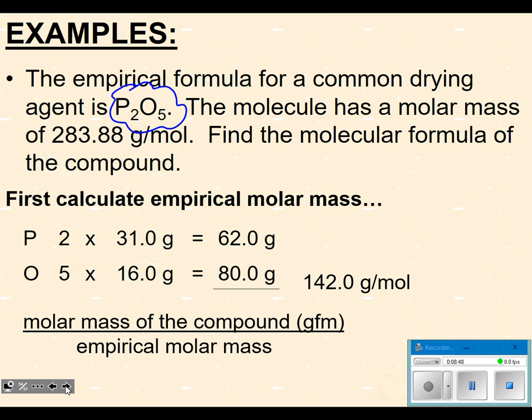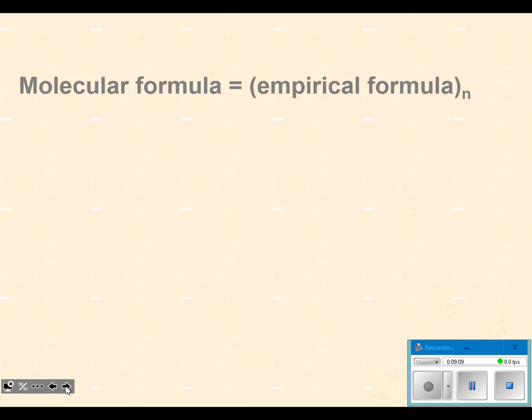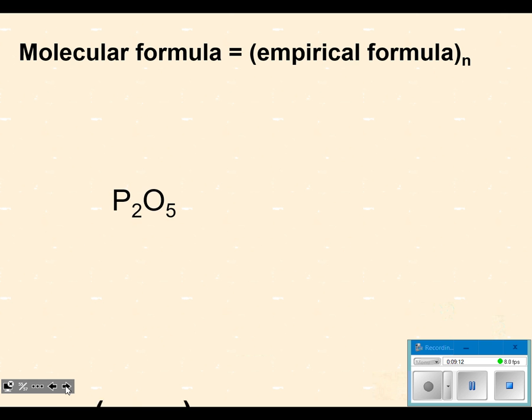So I'm going to take my molar mass of my compound, which is my 283.88 grams per mole, and divide it by my empirical molar mass, which is 142 grams per mole. And when I do that, I get a value of 2. So what that means is I'm going to take my P2O5 and multiply it by 2. So 2 times 2 is going to give me 4, and 2 times 5 is going to give me 10. So my molecular formula would be P4O10.